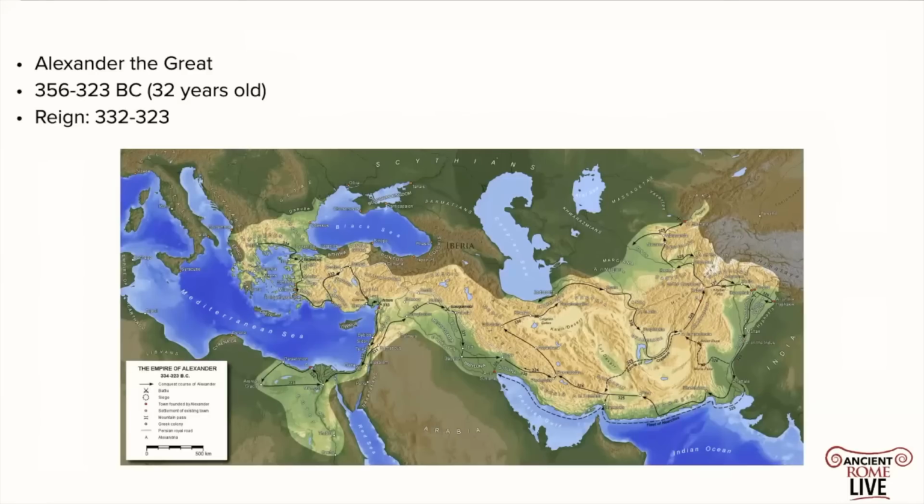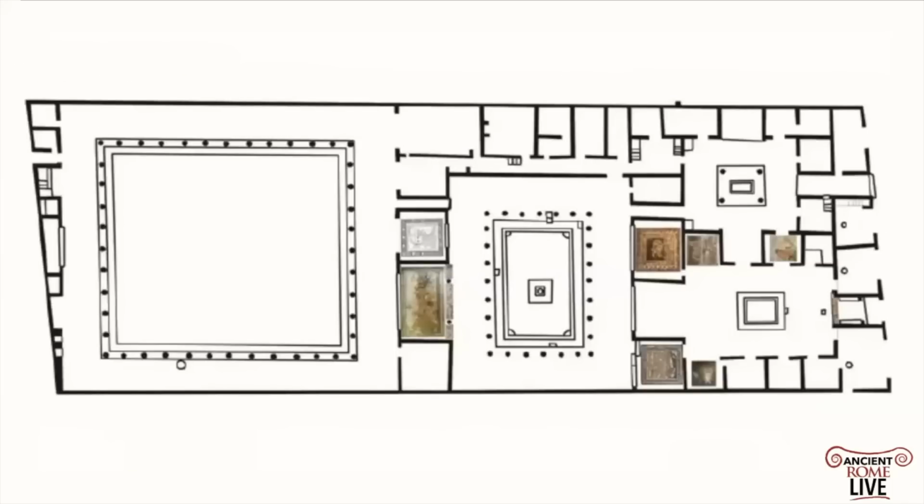So here is an incredible individual, and it's in the House of the Faun in Pompeii that we have the incredible discovery of this mosaic, which we'll see is the one on the far left, according to this ground plan.